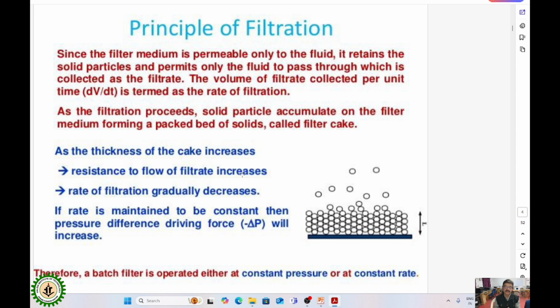So ultimately, what will happen? The layer of the deposited solid will resist further penetration of the liquid through it. So the rate of filtration with respect to filtrate will be reducing with time.